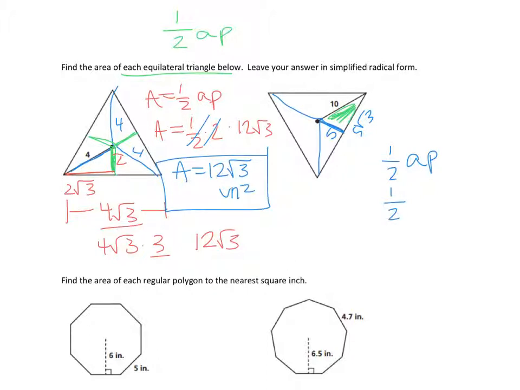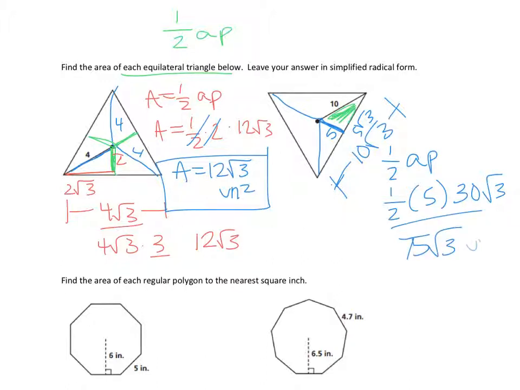So it's 1/2 the apothem, which is 5, times the perimeter. So this side all the way across is 10 root 3. So the perimeter has to be 3 of those. So the perimeter is 30 root 3. So this is going to simplify to 75 root 3 units squared.